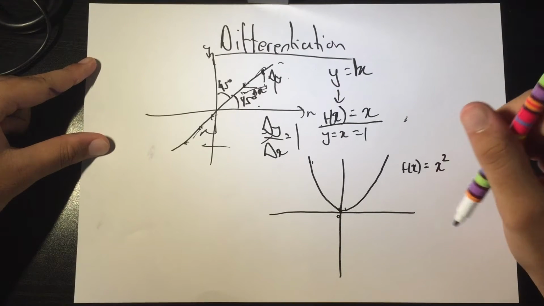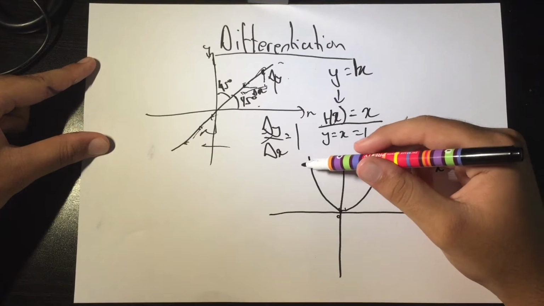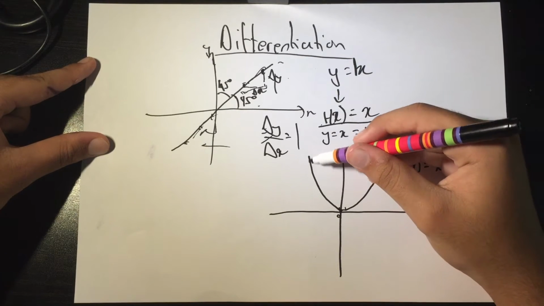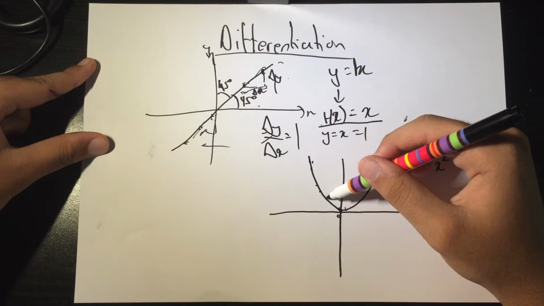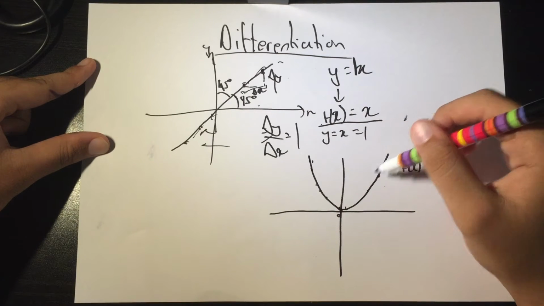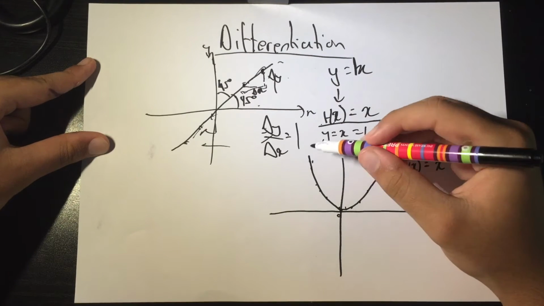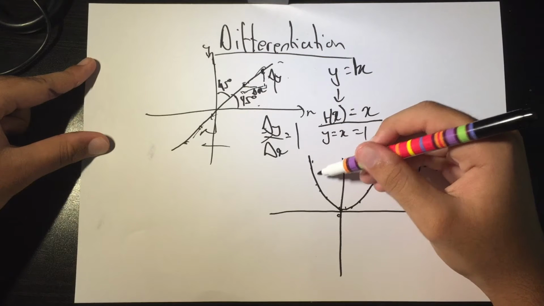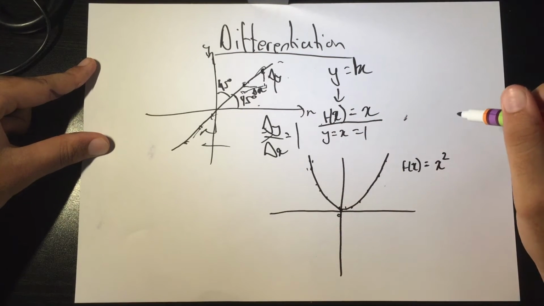It's not a straight line, it's a curve. And what I mean by this is that you cannot differentiate this curve at all as a whole. But you can differentiate a curve at one single point on the curve.